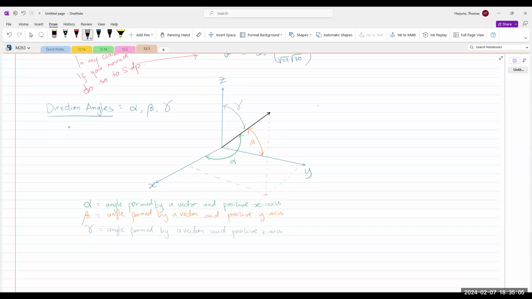Okay, now we use this alpha, beta, gamma a lot. What I want to show you here is a technique to find this alpha, beta, gamma. I will just do one of them.